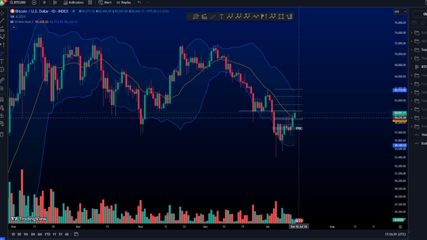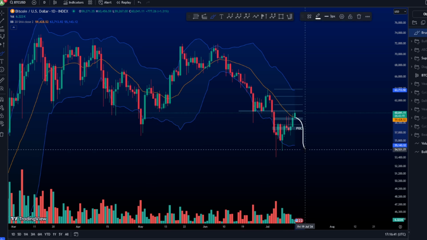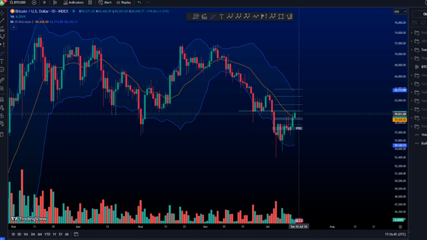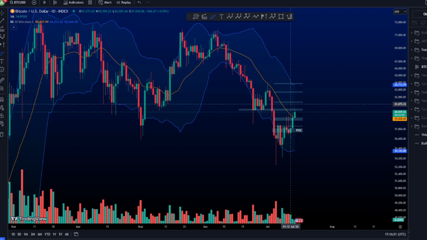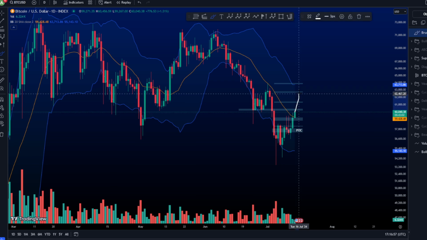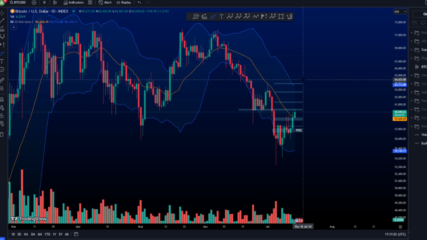If we close under it, then we might go for a second test. So this is what the indicator says. Of course, I don't trust it as much as Elliott Wave, but it's a nice indicator. If we close this candle over the orange line, that means we are moving up to the upper side of the Bollinger Band, which is very bullish.